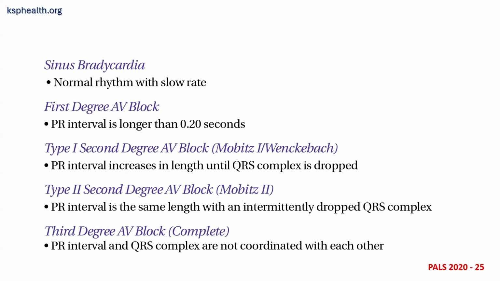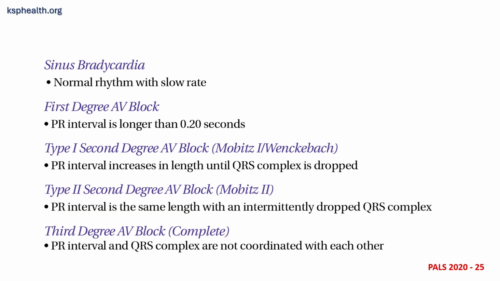There are 5 conditions that can cause bradycardia in children and also in adults. Sinus bradycardia, which is the most common, first degree AV block, type 1 second degree AV block, type 2 and third degree AV block. In the first degree AV block, the PR interval is just prolonged, more than 0.20 seconds.